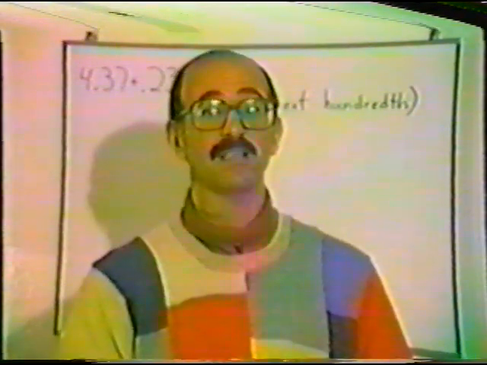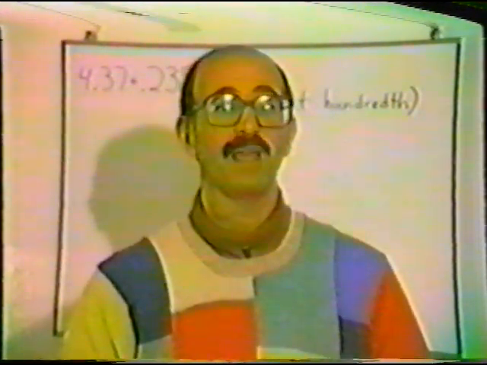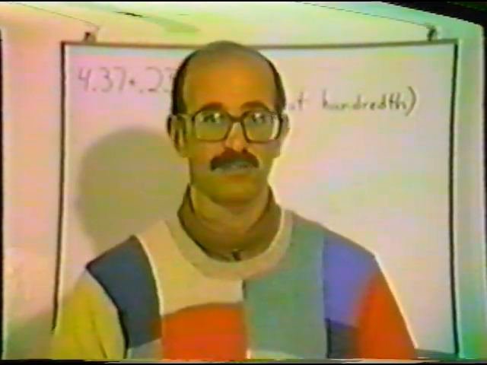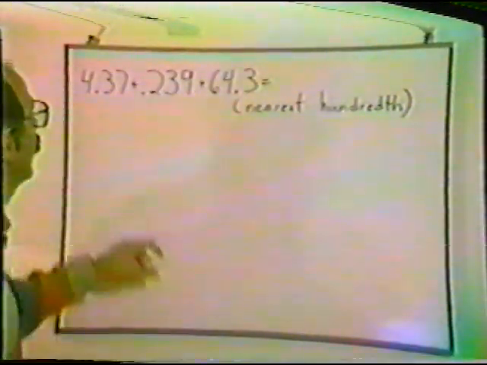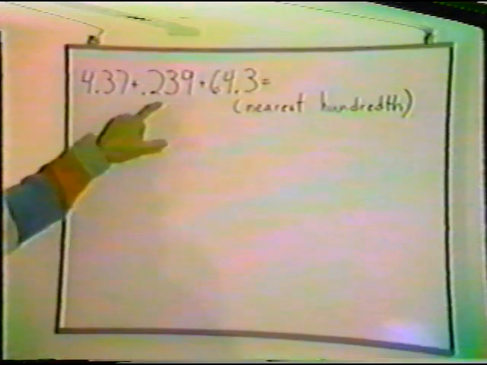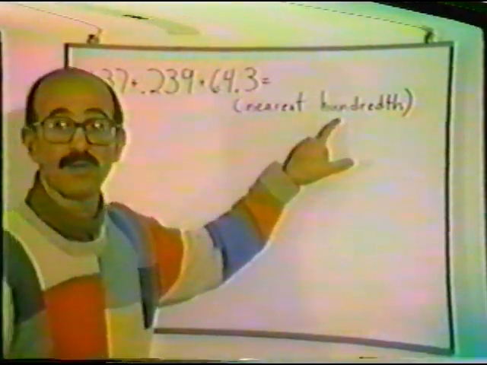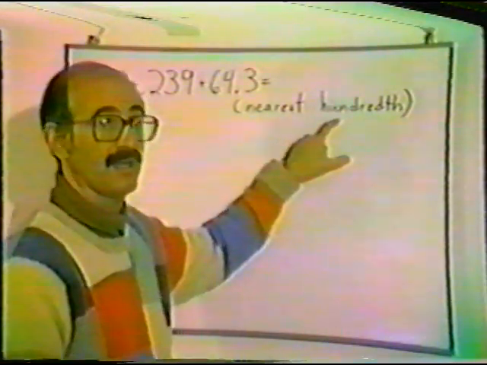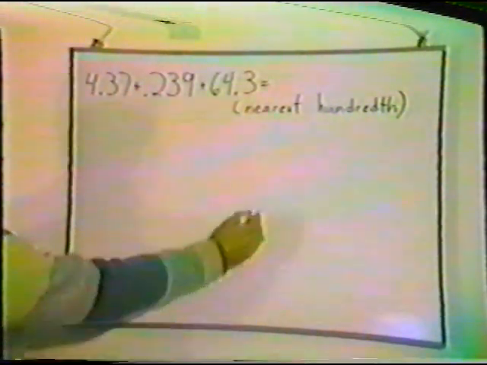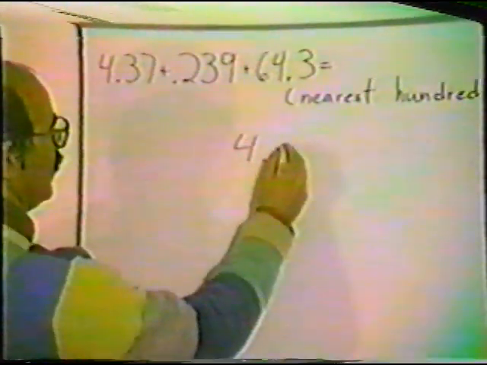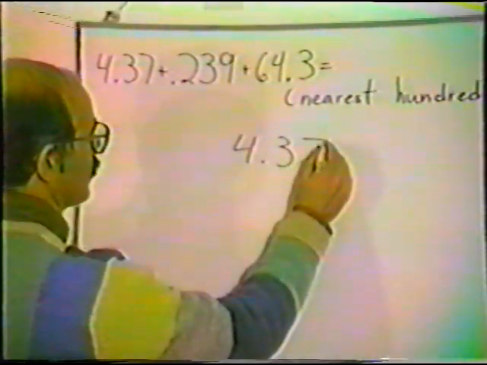Sometimes you'll have a decimals problem when you're asked to round off the answer. Here we're told to add these three numbers and round off the answer to the nearest hundredth. Well, we just write them down. 4.37.